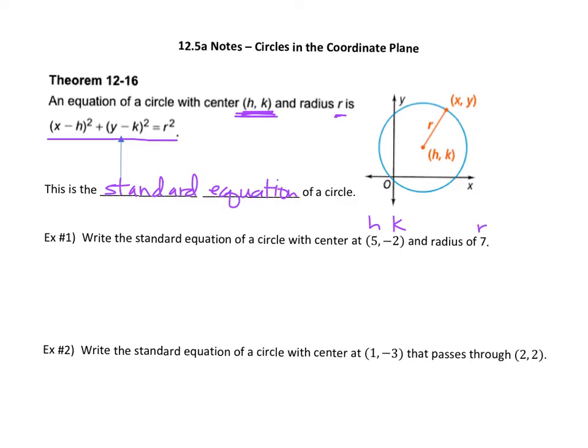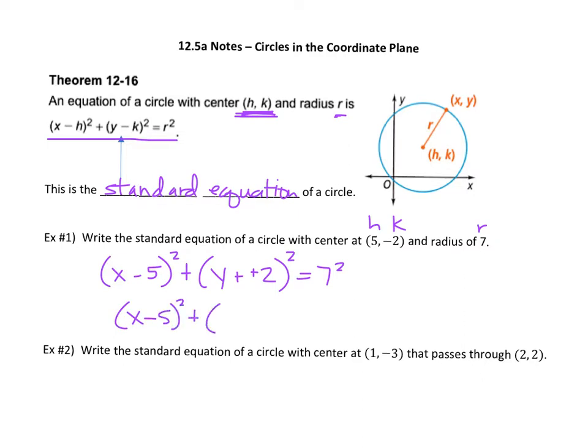So if we set this up, it's going to be x minus your h value squared plus y minus your k value, which is negative 2, squared. So notice minus a negative, that's going to be plus a positive, right? Equals the radius squared. So your standard equation is (x - 5)² + (y + 2)² = 49.